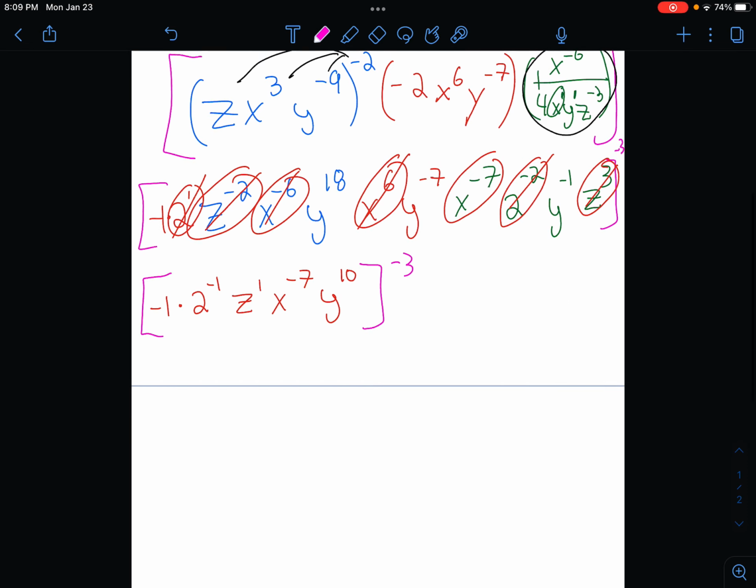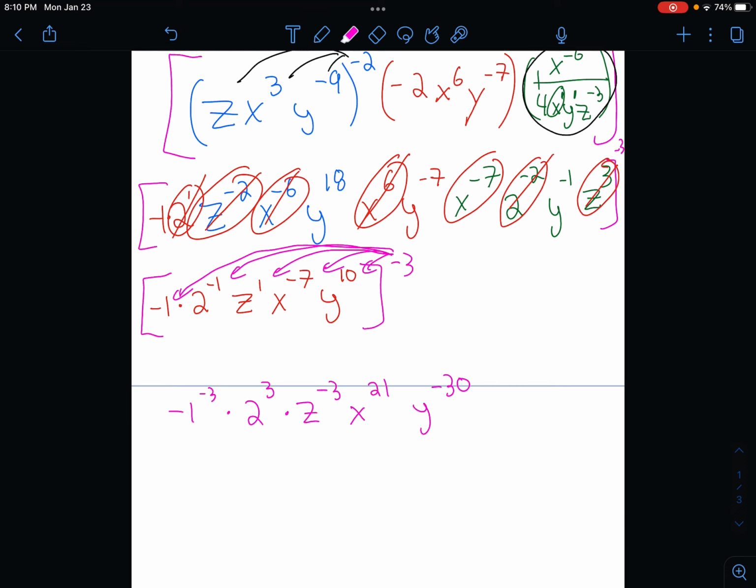Now that we've got it down into one copy of each base, I'm going to distribute negative 3 to each term. And so we're going to end up with negative 1 to the negative 3 times 2 to the 3rd times z to the negative 3 times x to the 21 times y to the negative 30.